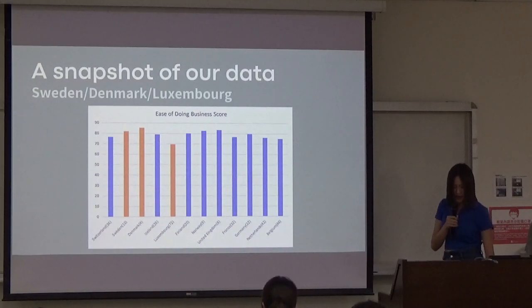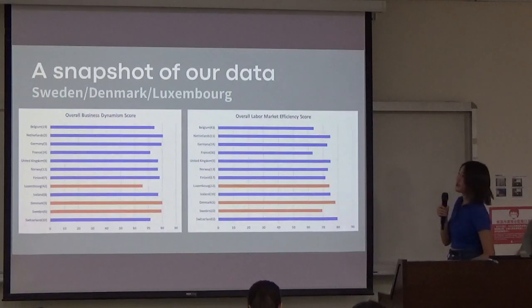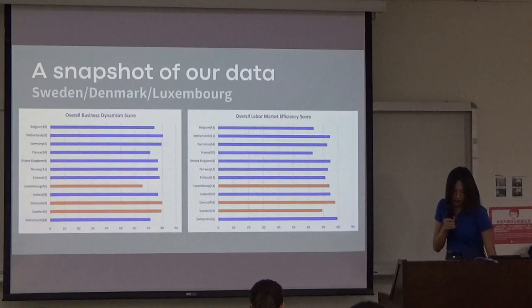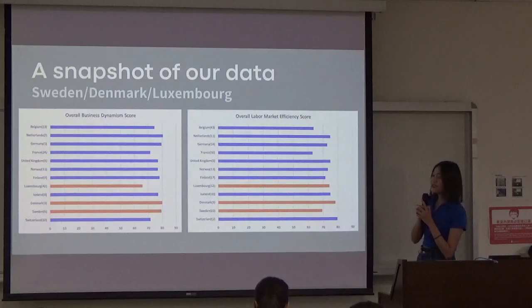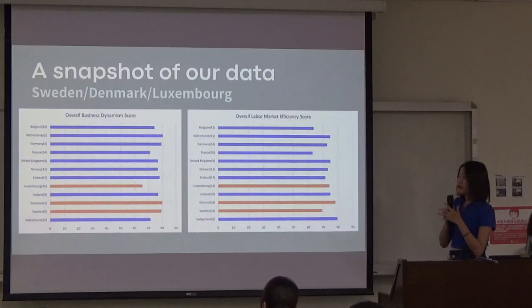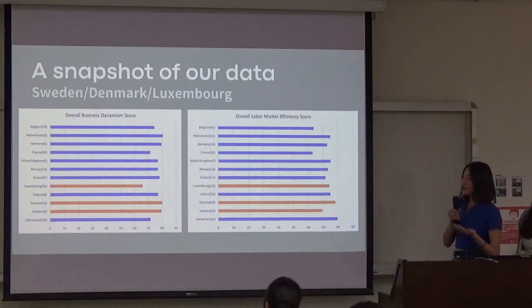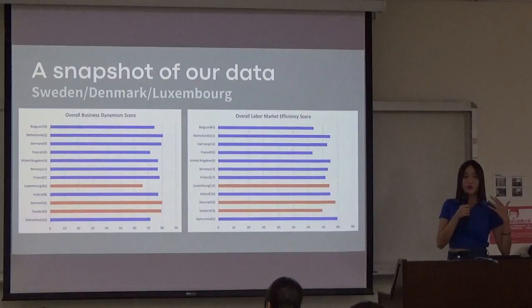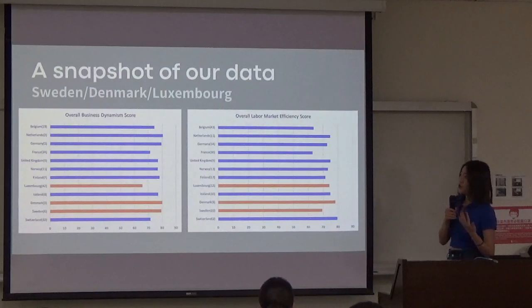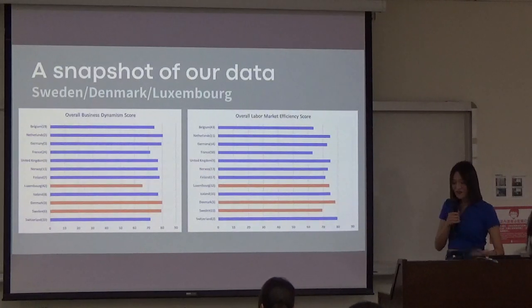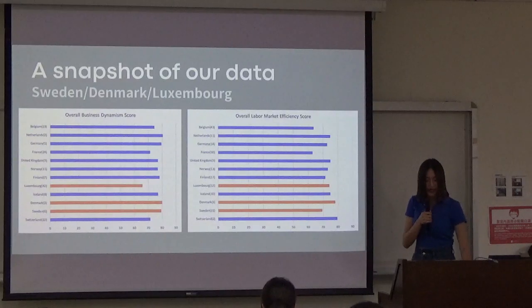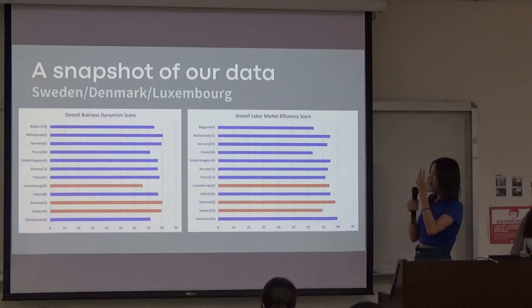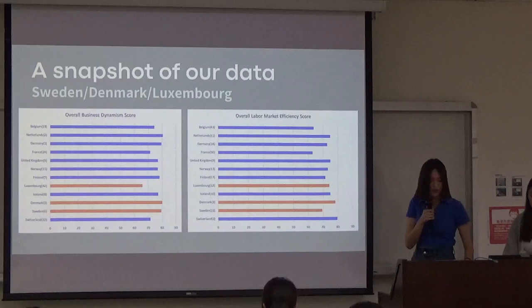So move on to the next figures. We have overall business dynamism score and overall labor market efficiency score. The overall business dynamism score estimates the country and its structure for businesses to enter, whether it is open to new business models or new ways of business, or how they can organize work through their own country structure.